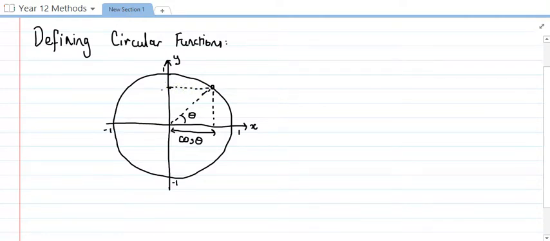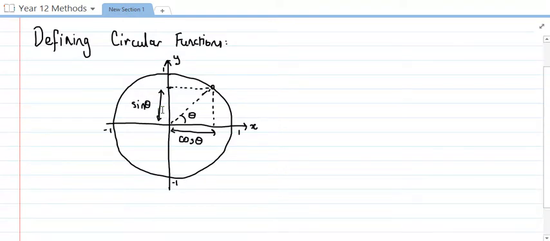We would get some y coordinate, and it's going to be whatever that height happens to be, and we define that as sine theta. So it's easiest to remember that the y value is always given just by sine theta and the x value is always given by cos theta.